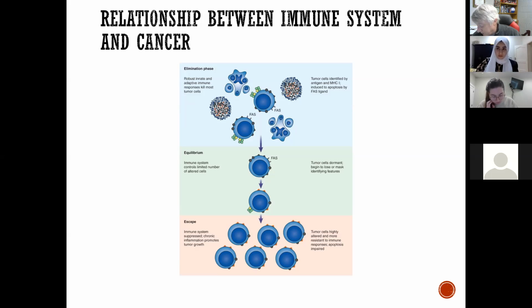Oh, we'll come to it. No, I'm not thinking years. I'm thinking if a cell survives, I'm thinking it happens quicker than we think. But this dormant idea of it lying dormant, and tumor cells begin to lose or mask identity features.